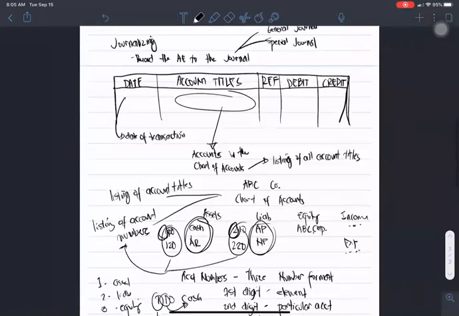Next, we have your reference. So again, what do we place here in our reference? The item we place in our reference is the account number once it is posted in the ledger. This represents the account number once the journal is posted in the ledger.